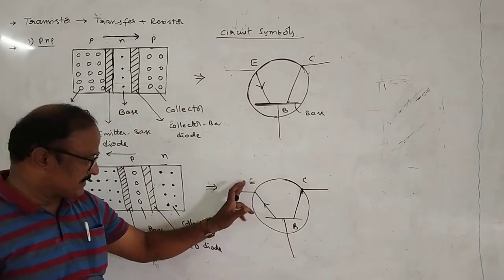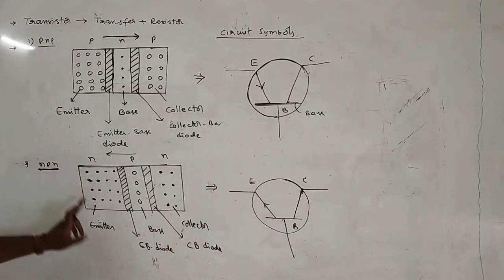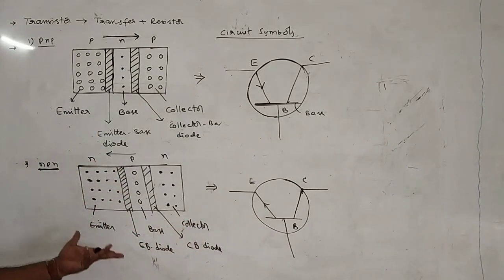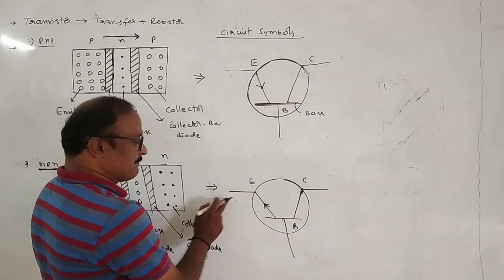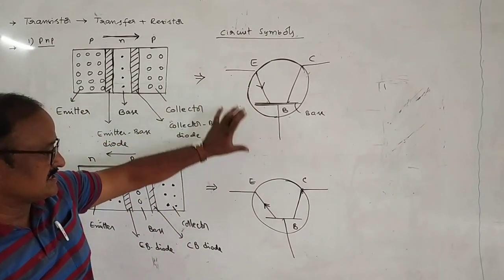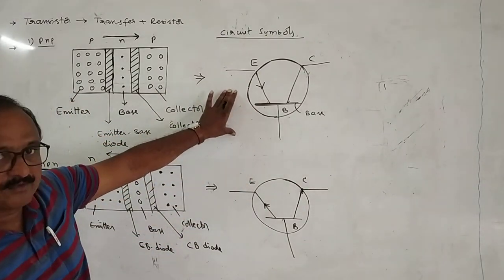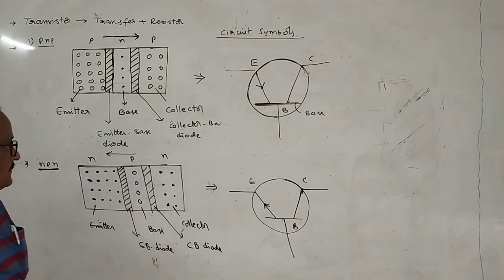Base to emitter is the current direction, and that is the case of an NPN transistor. So the arrow pointing away from the base is an NPN transistor, and towards the base is a PNP transistor. These are the circuit symbols of PNP and NPN transistors. Right?